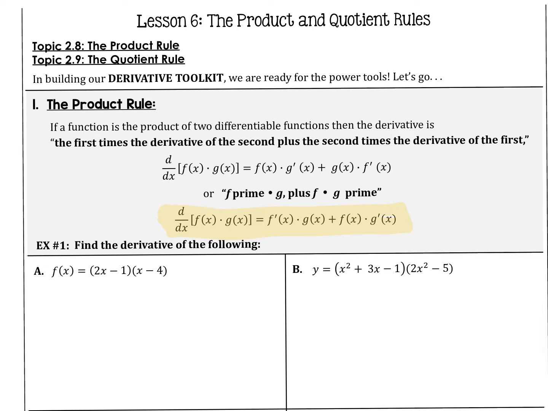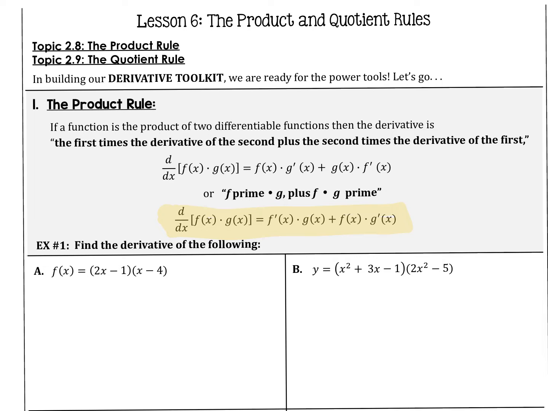So the product rule says that you take the derivative of the first part times the second part, and then the first times the derivative of the second plus the second times the derivative of the first.